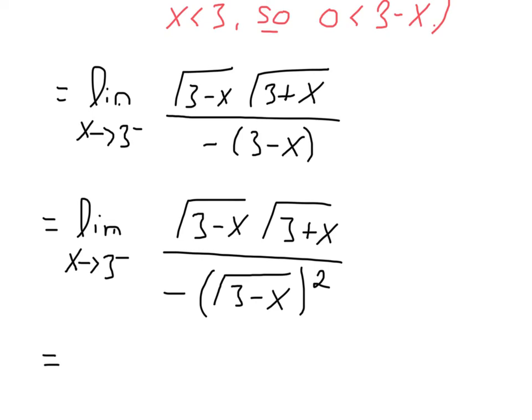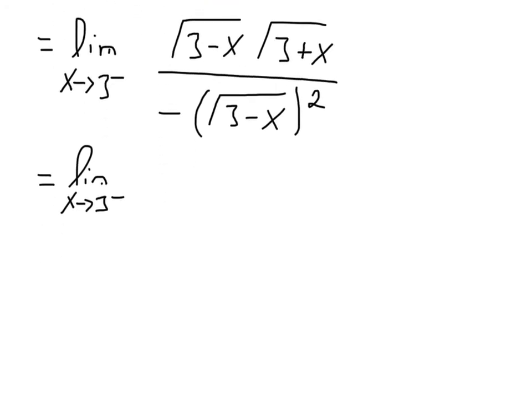In my next line, let's see what we've got. This is equal to the limit as x tends to 3 from the left of root 3 plus x in the numerator.